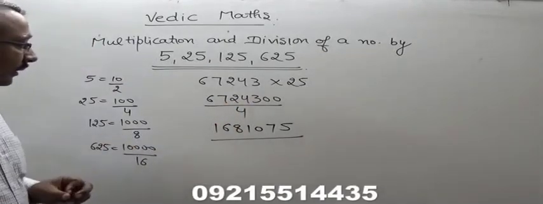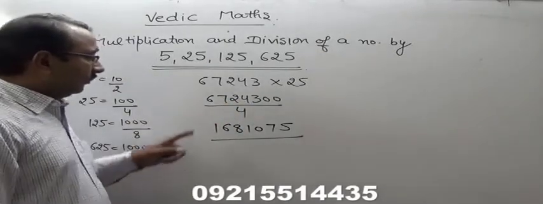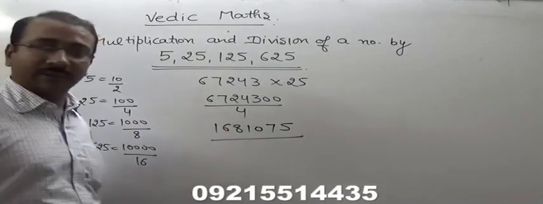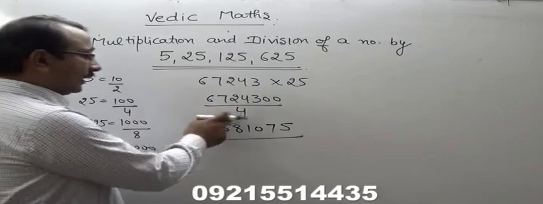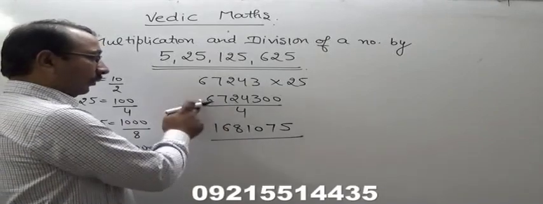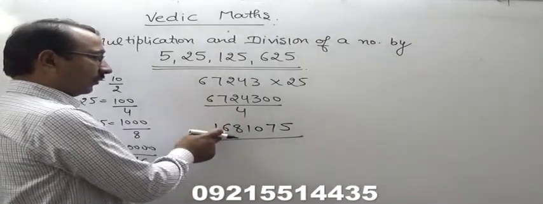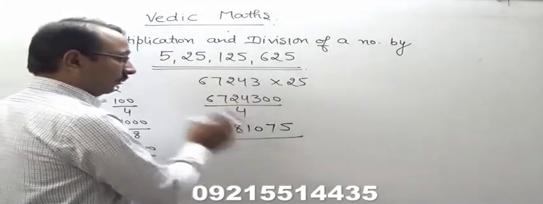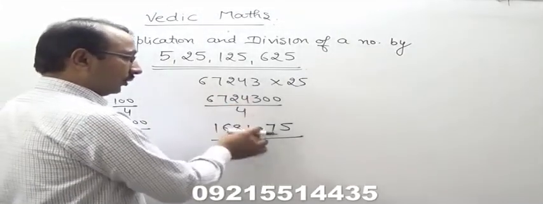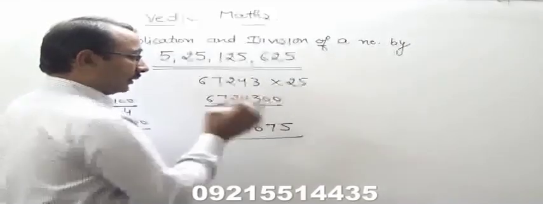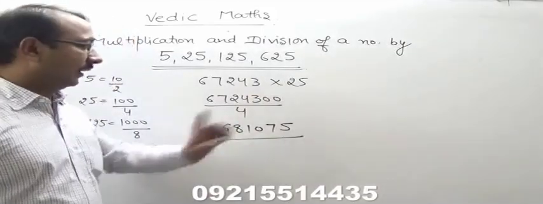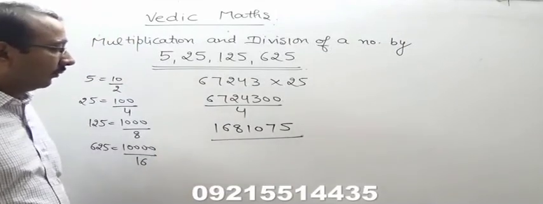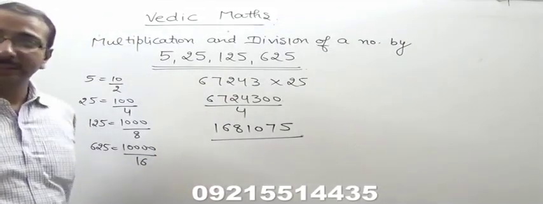Now I divide 6724300 by 4. 4 will go into 16 four times, 4 into 27, 4 into 32, 4 into 8, then 4 into 1, then 30, 4 will go into 7, 28, 25, 4 into 5, 20. So I may say that 1681075 becomes my answer.